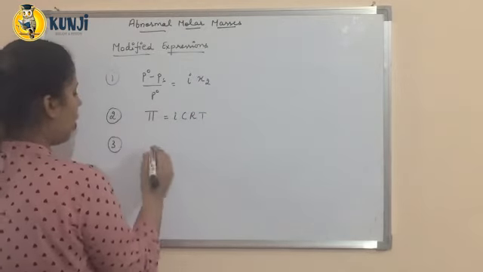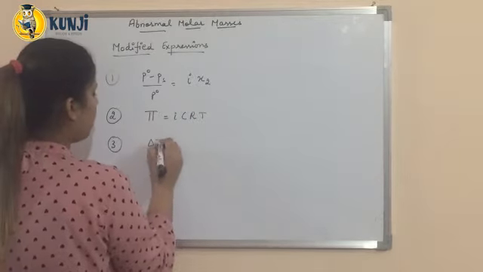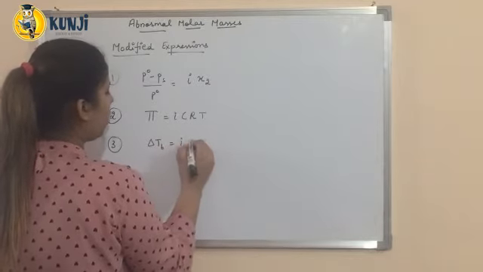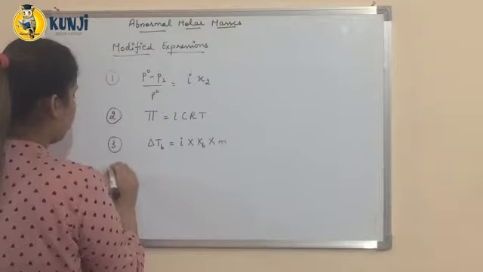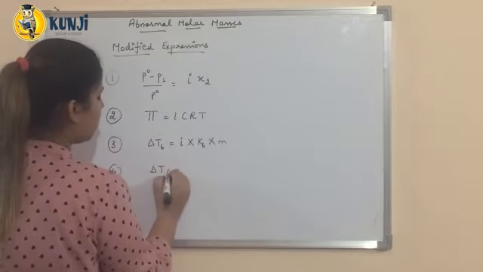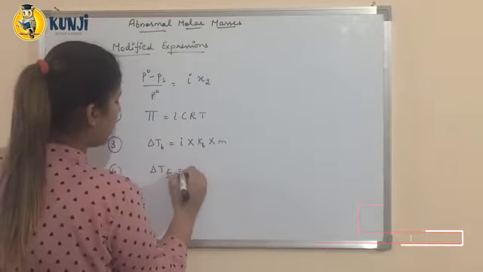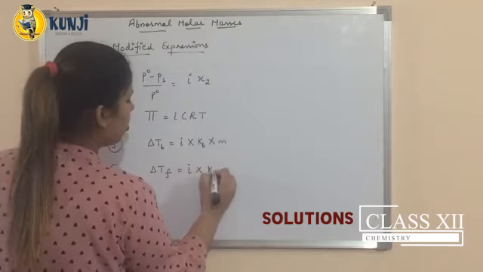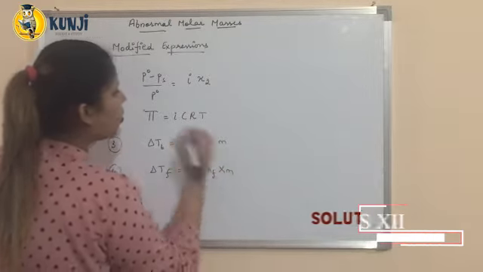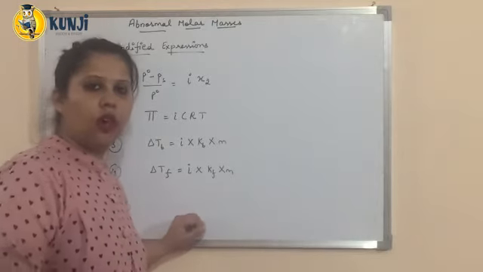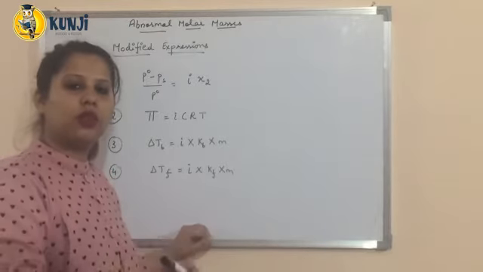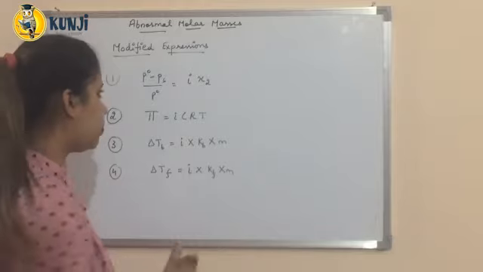Third is elevation in boiling point, which is now written as delta Tb is equal to i into Kb into m. And the fourth one is depression in freezing point, delta Tf is equal to i into Kf into small m. These are the modified expressions for a solute which undergoes association or dissociation.